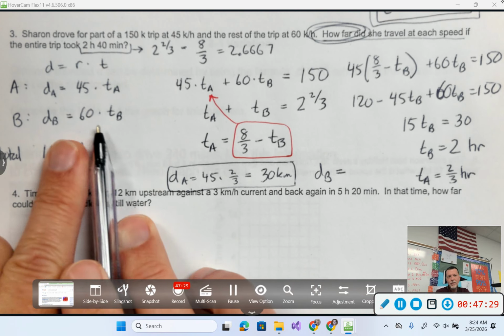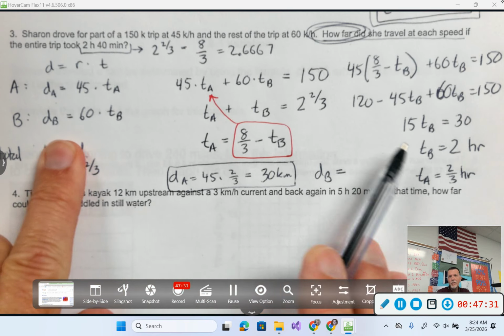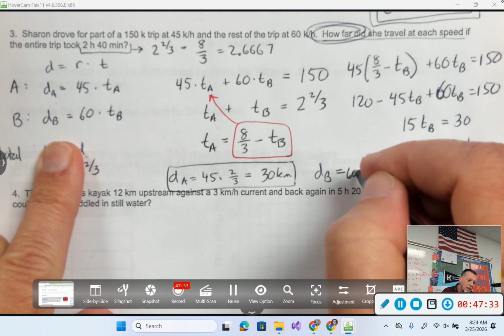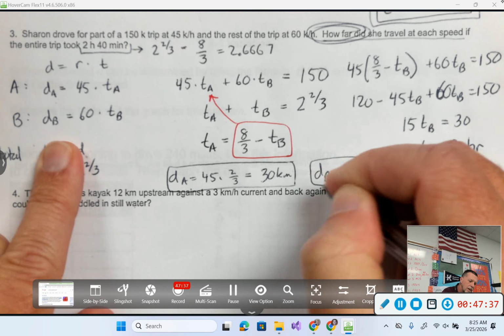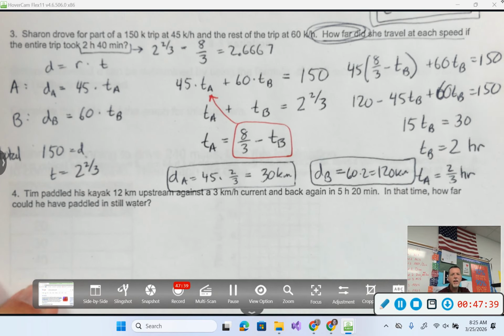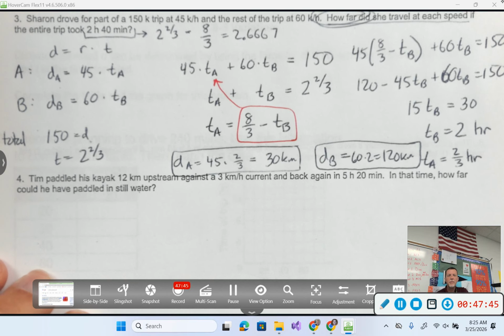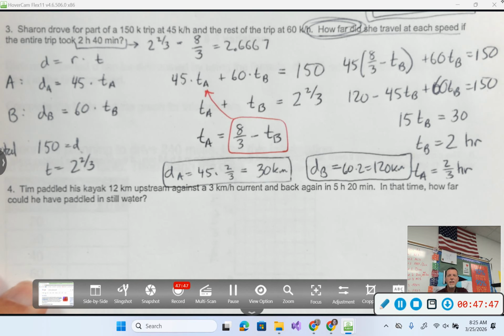Or I know that we traveled 60 kilometers per hour for 2 hours. Either way, we get 120 kilometers. I'm just trying to think, was there an easier way to work that problem? If there is, I don't know.